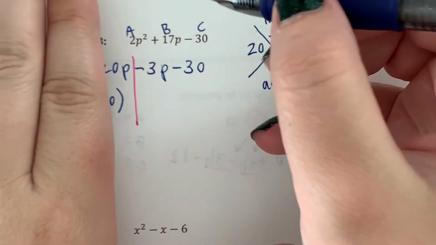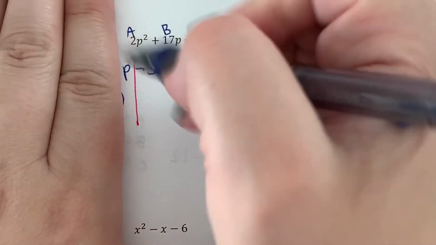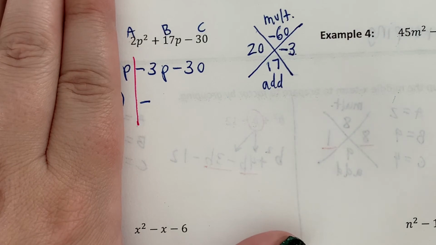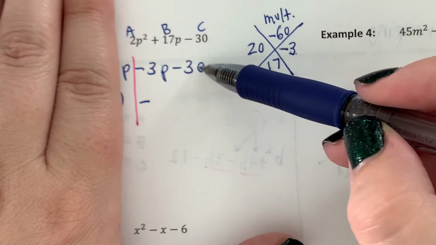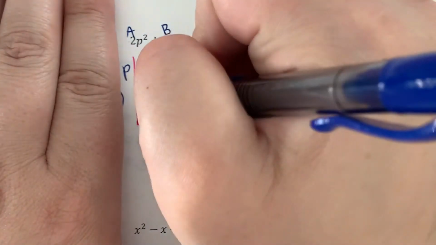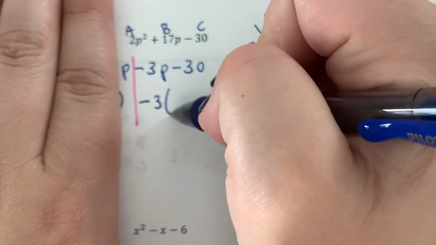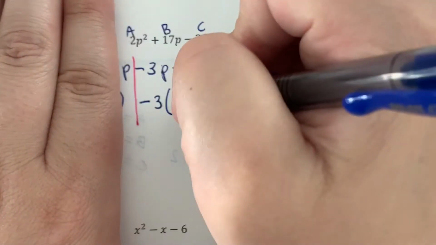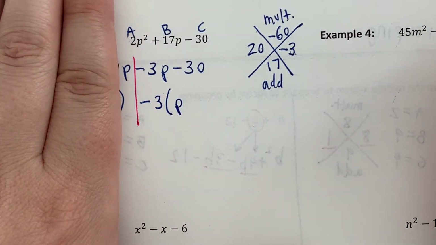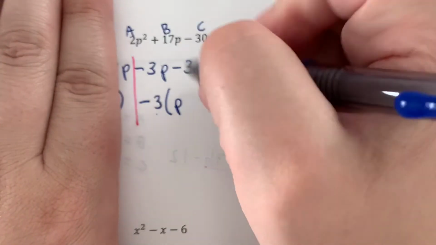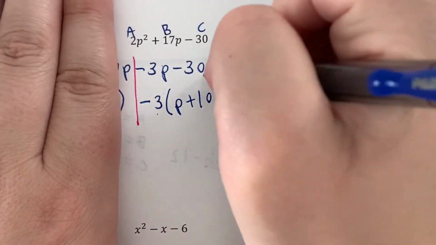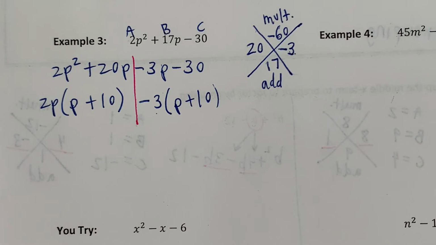Now looking at my second half, my third term is negative, so I know right away I will have to pull out a negative there. And my GCF here will be pulling out a negative 3. Negative 3 times p gives me negative 3p, and negative 3 times positive 10 gives me negative 30.